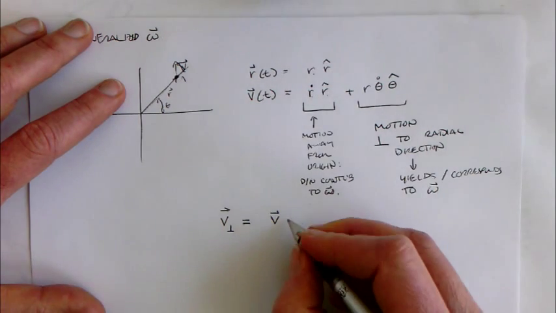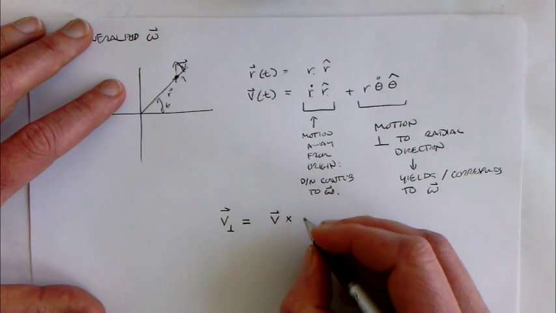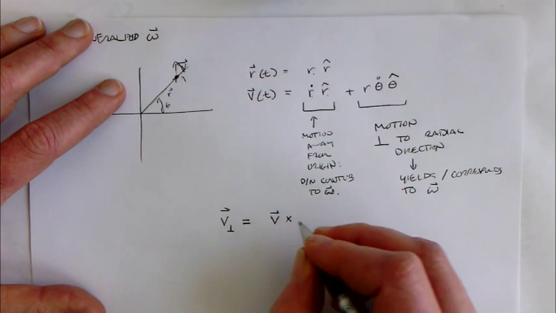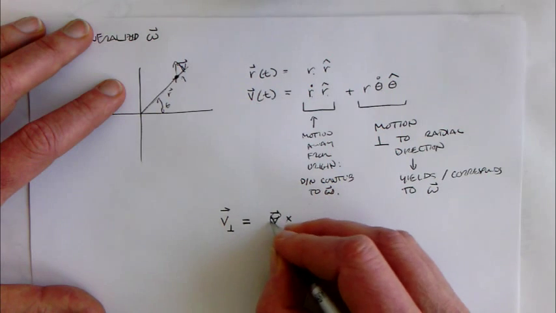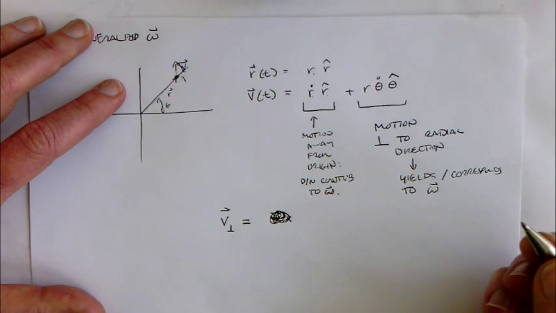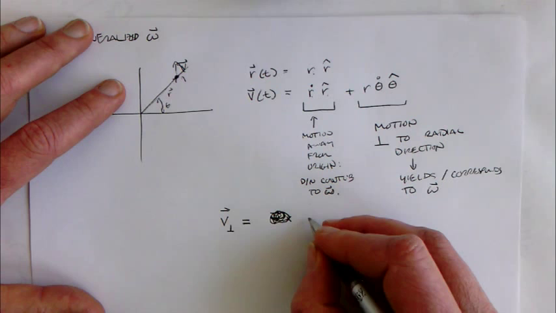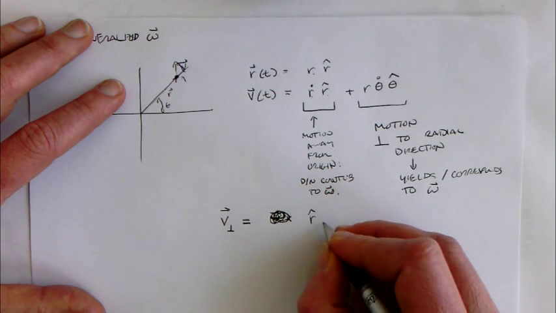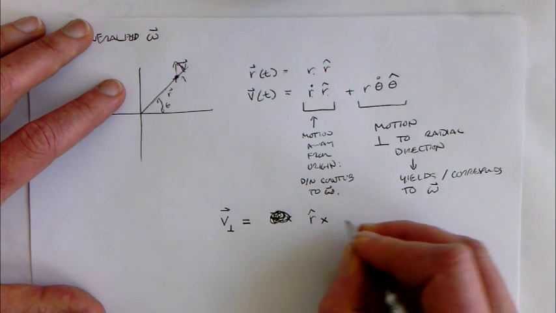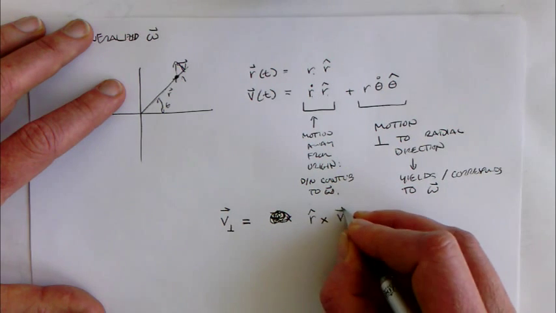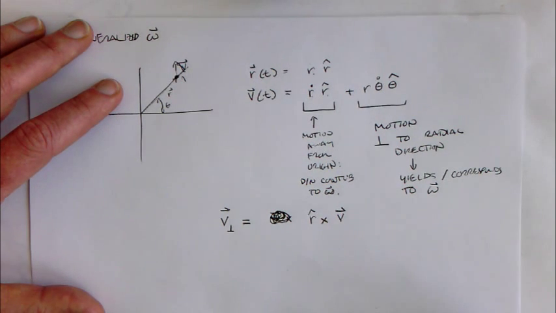One thing I could do is take r hat crossed with that. The other is to take a dot product. Let's take the cross product approach and think about what that does.